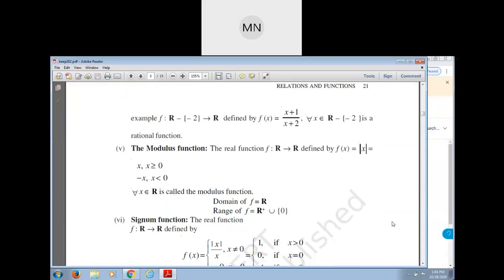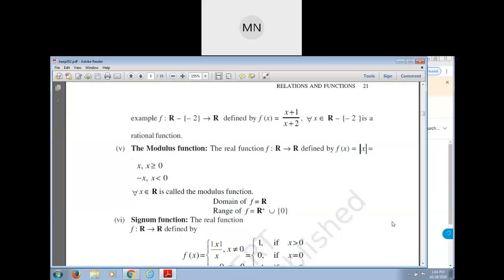The modulus function is also a real valued function, so its domain is also R. It is defined as f of x equals x when x is greater than or equal to 0, and minus x when x is less than 0.